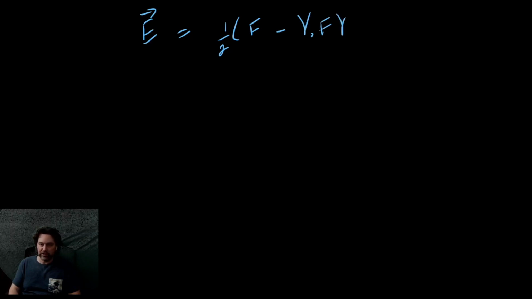So we found that our electric field component, in terms of the bivector F to be solved for in Maxwell's equations, is 1/2 of F minus the reflection of F in the gamma naught, gamma naught F gamma naught.